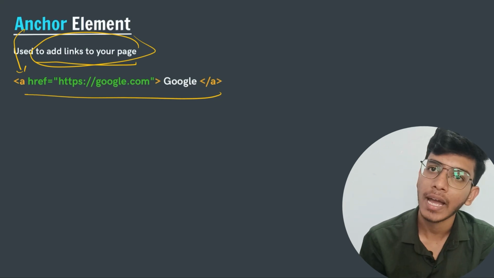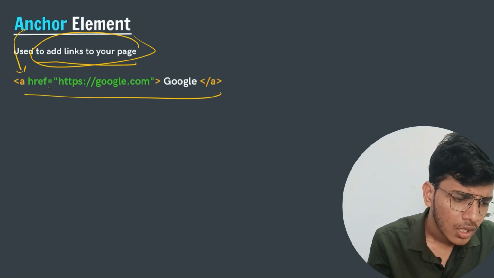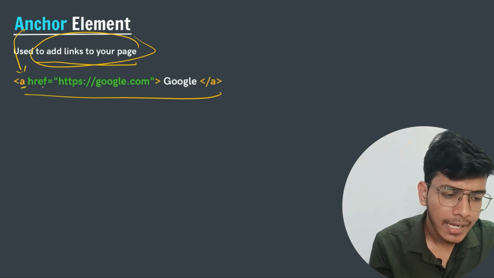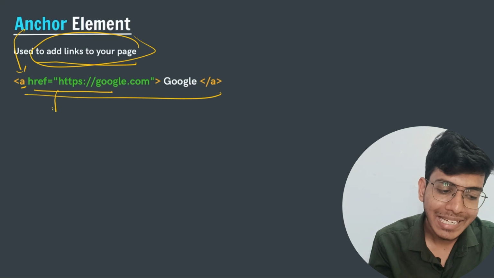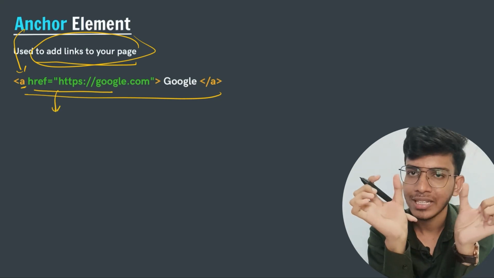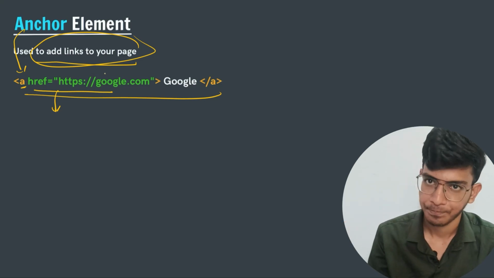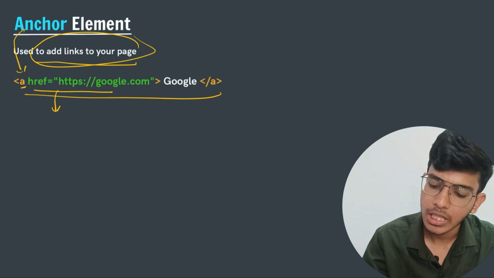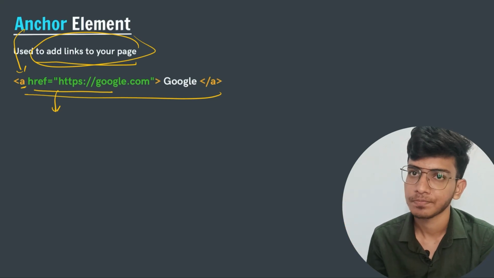This is the format of anchor tag. First of all we will write A to represent anchor tag, and we will give the link. This linking can be done using href is equals to, and in the quotation you will give the link. Whatever page you want to travel to, you give that page link here.